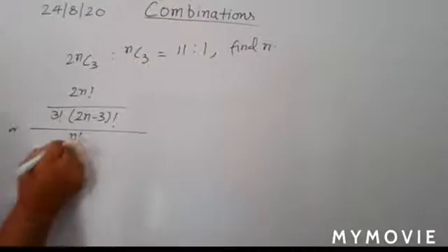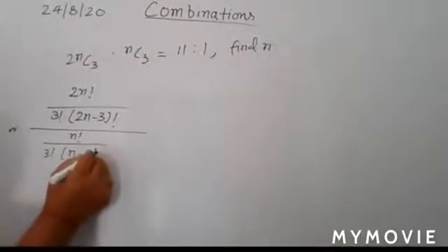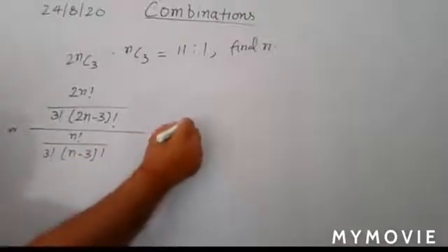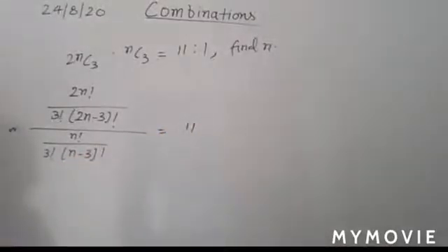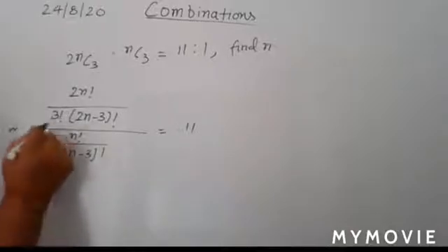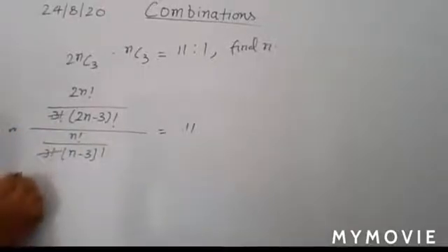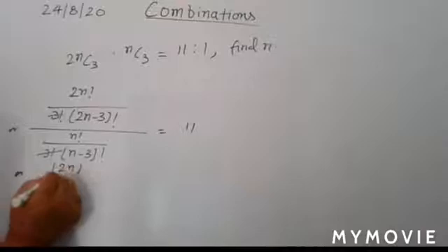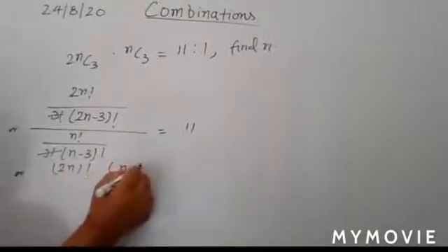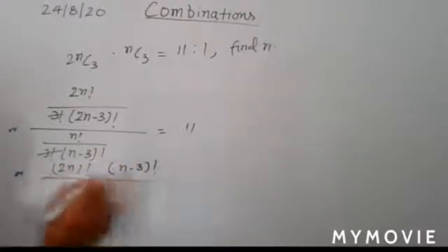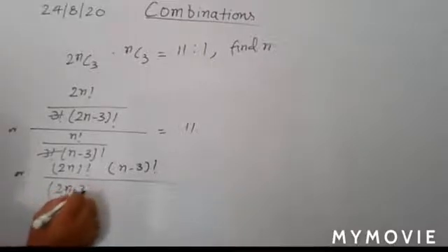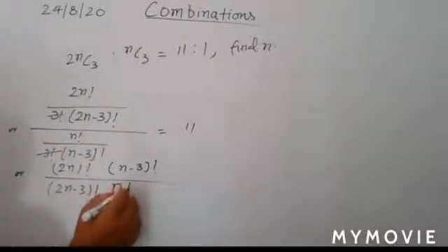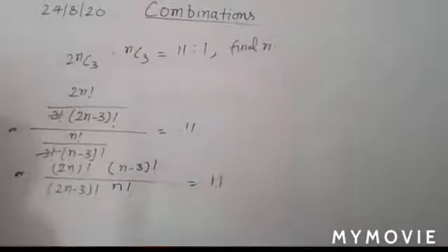So you write n factorial upon 3 factorial into (n minus 3) factorial, and that is equal to 11. Understand? Now just see here, factorial 3 cancels out, and that can be written as 2n factorial into (n minus 3) factorial divided by (2n minus 3) factorial into n factorial is equal to 11.